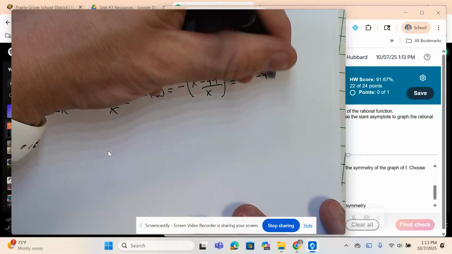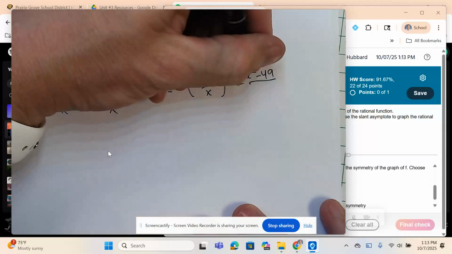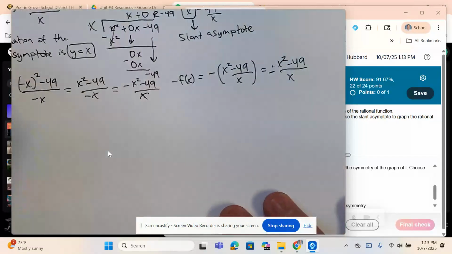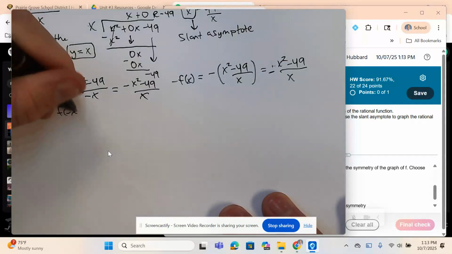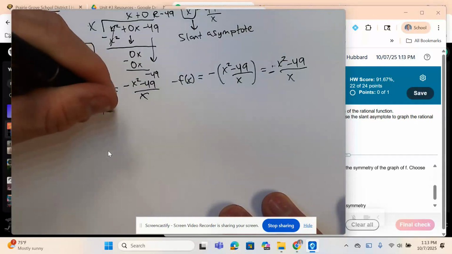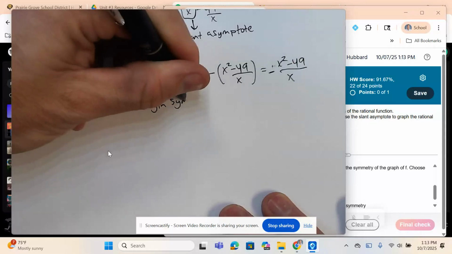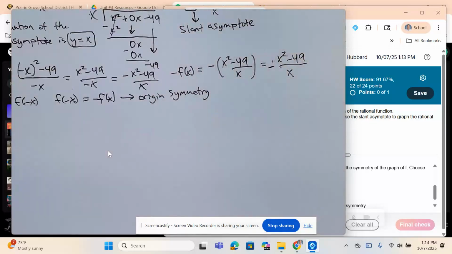So it does have origin symmetry. So f of x does not equal f of negative x, but f of negative x does equal negative f of x. So it's going to have origin symmetry.